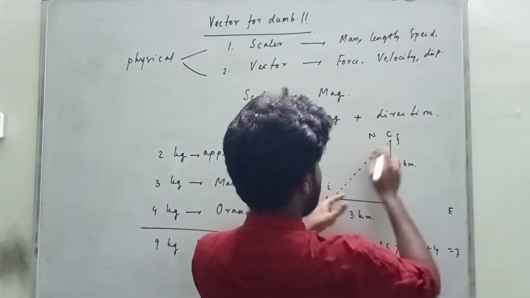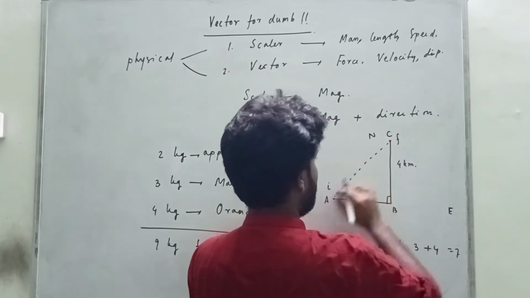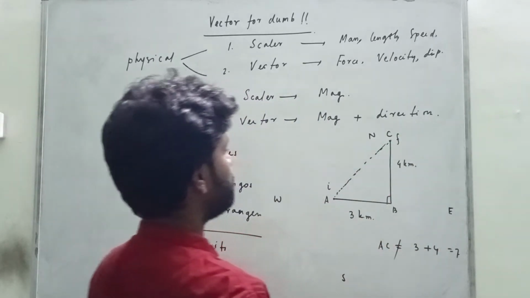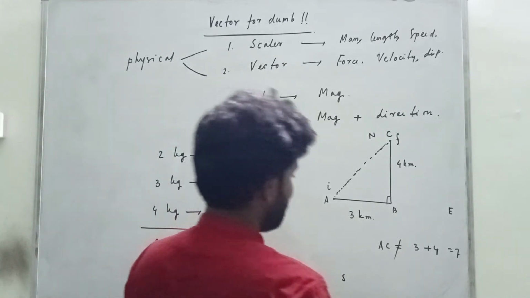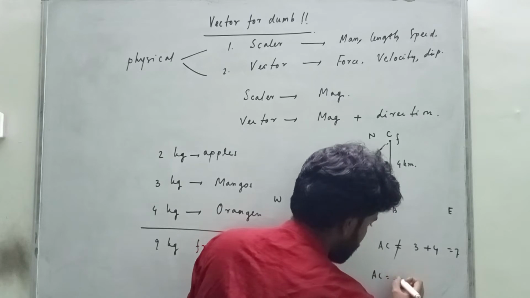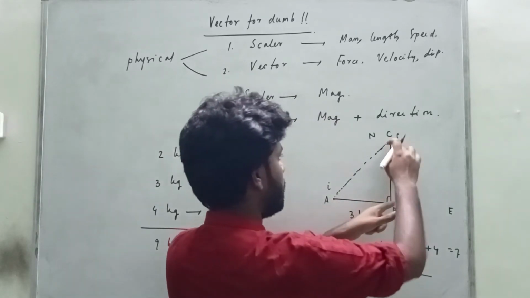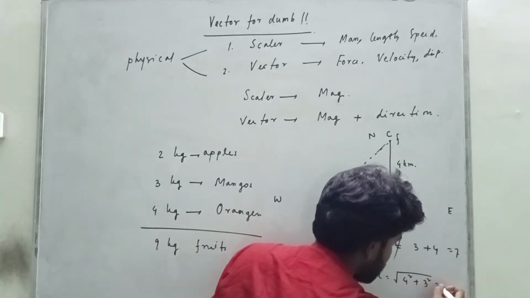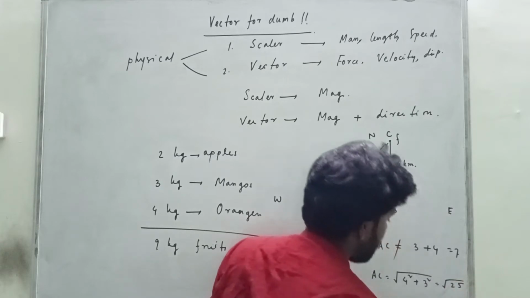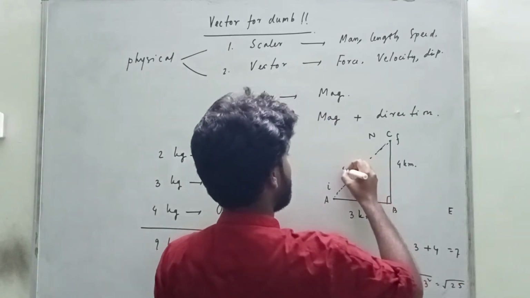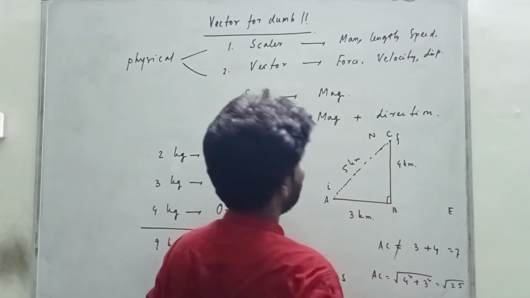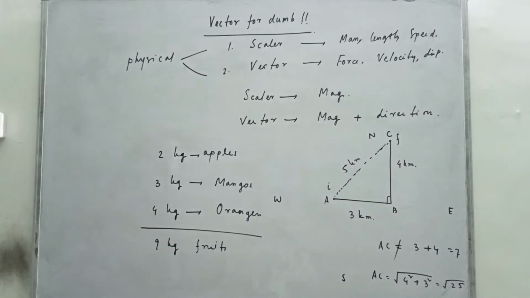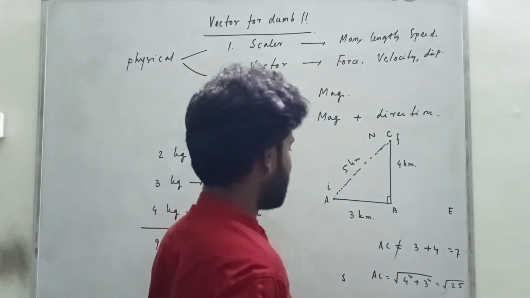It is actually a right angle triangle here, and AC is the hypotenuse, right? And obviously you will apply the Pythagoras theorem here, right? The length of AC is root over 3 square plus 4 square, because height square plus base square, that means root over 25, that means 5 kilometers, right? So the length of AC is 5 kilometers, right?